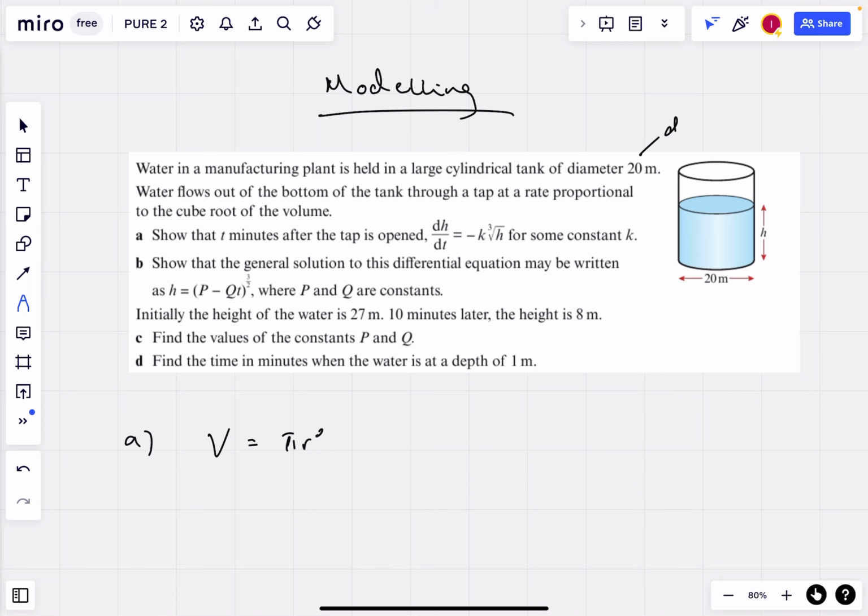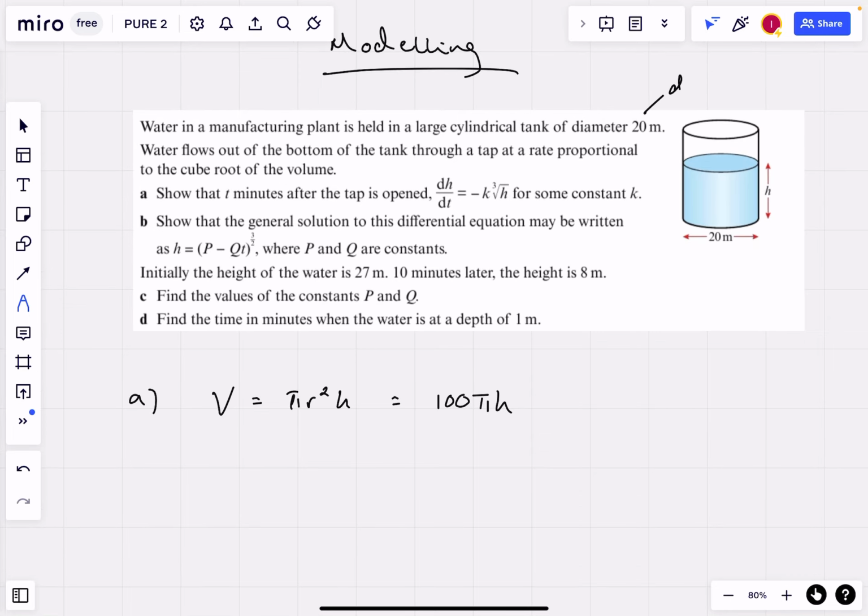Pi r squared h. So if d is 20, that means r is 10, r squared is 100, so V equals 100 pi h. Okay, now that we have V, we can work out dV by dh, which would be just 100 pi.